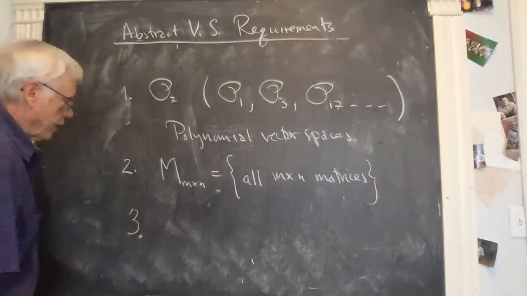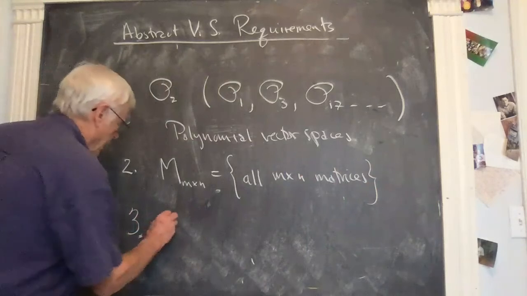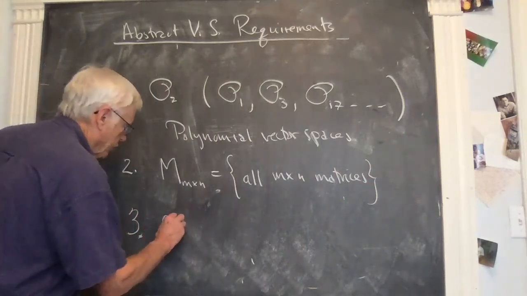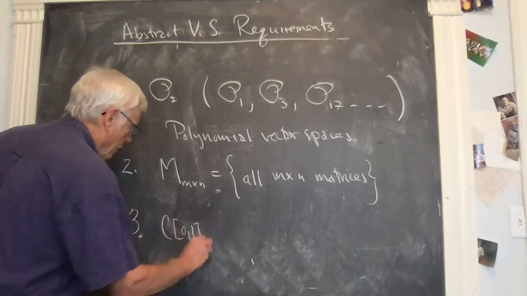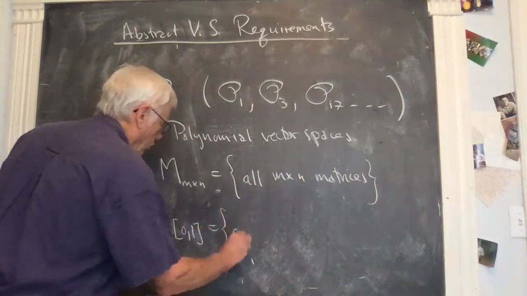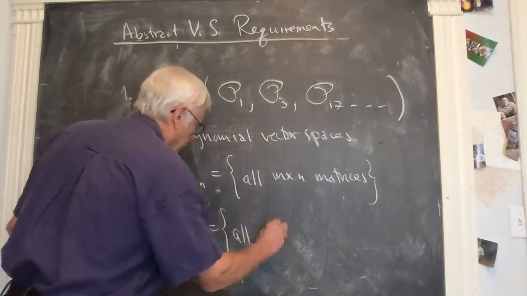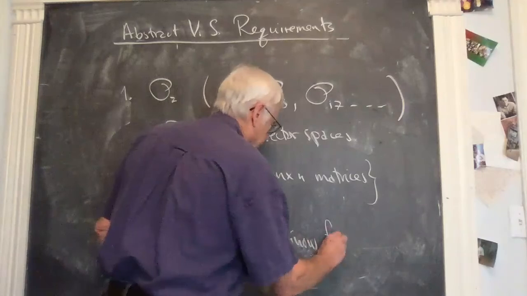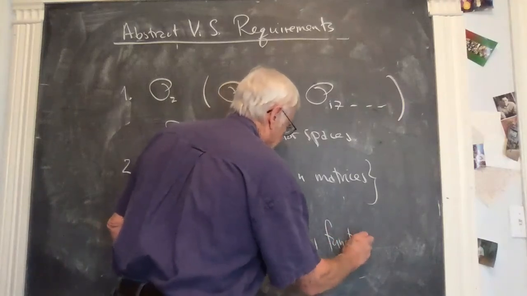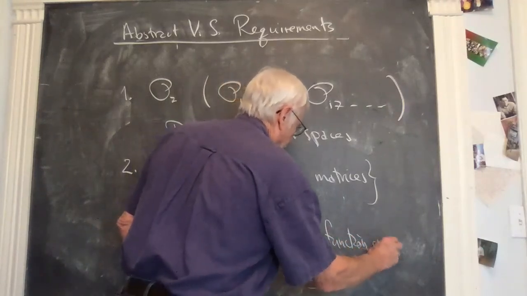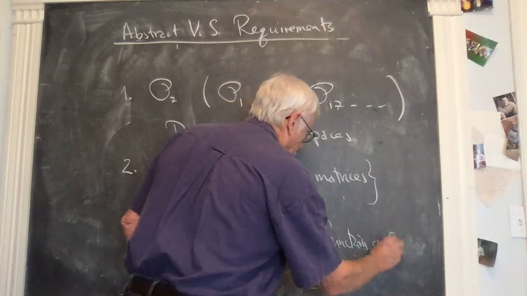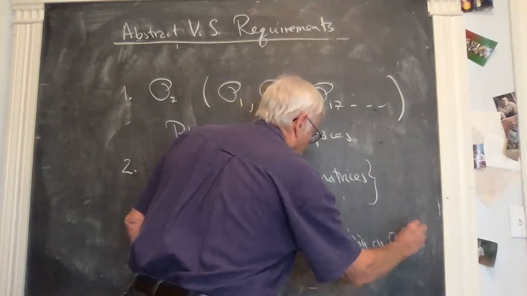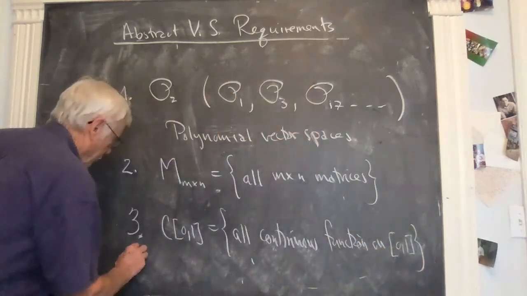And the third one we'll look at is usually written like this, C[0,1], equals all continuous functions on [0,1], with the domain [0,1]. Maybe I'll put one more down.